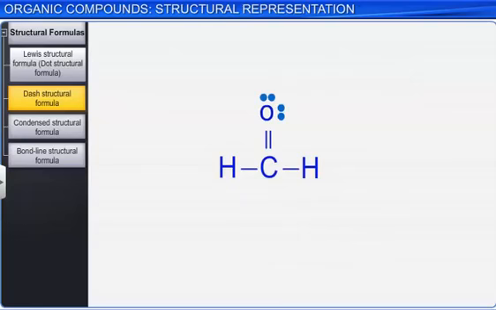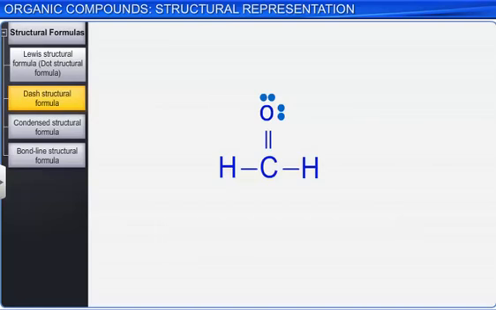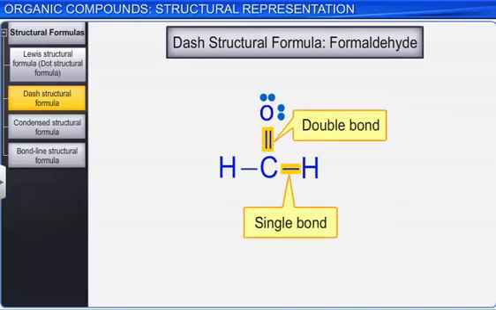This structure represents the bonding between atoms in a molecule and also shows the presence of lone pairs on the atoms, if any. This structural formula shows the arrangement of atoms and the type of bonds present between the atoms in the molecule.